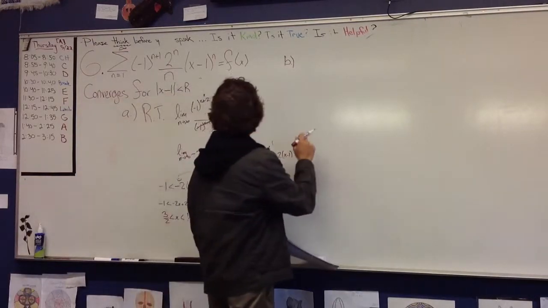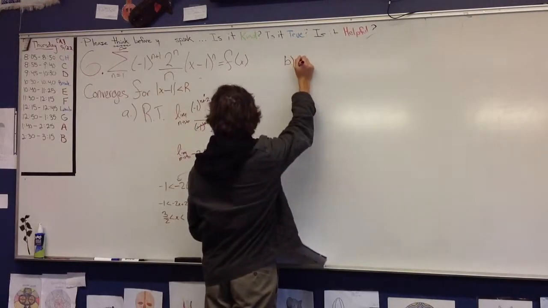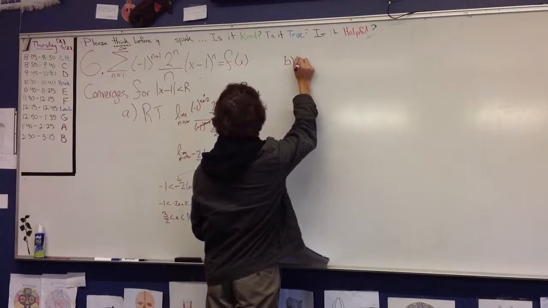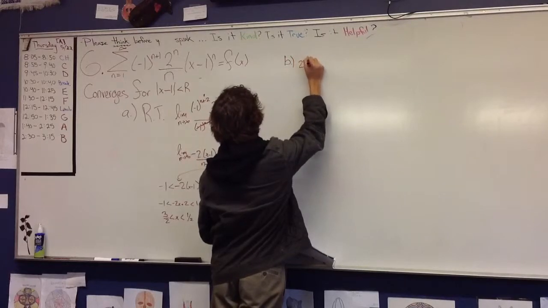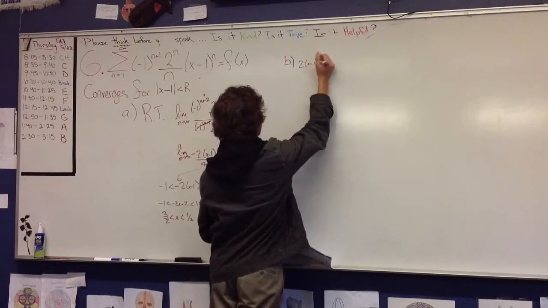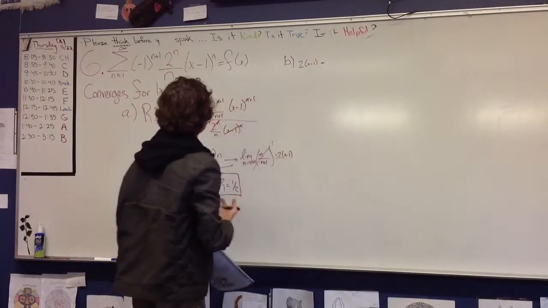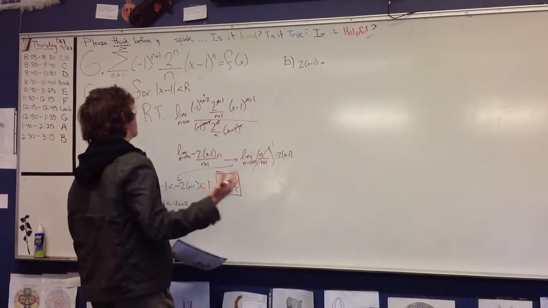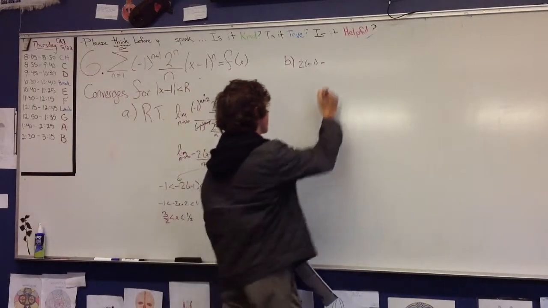So the first term of that is, when n equals 1, positive 2 to the n over 1, 2 to the 1 over 1, so 2 times x minus 1. In the next term, it's negative because it's 2 plus 1, which is 3, an odd number, times 2 squared over 2, which is 4 over 2.